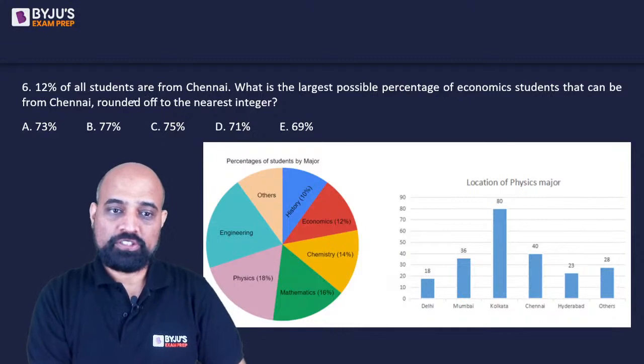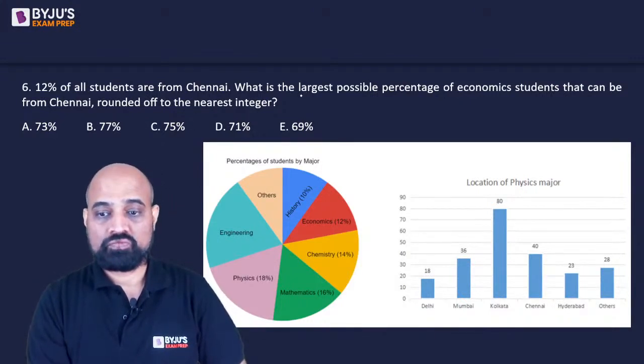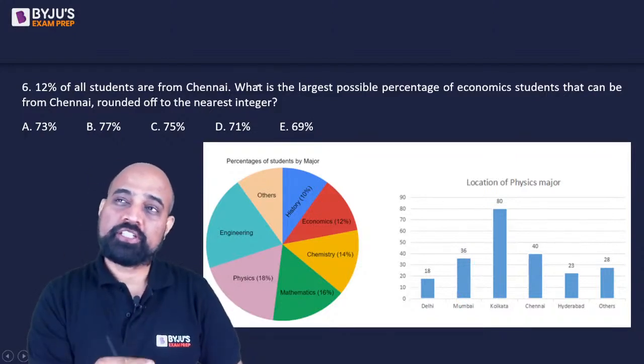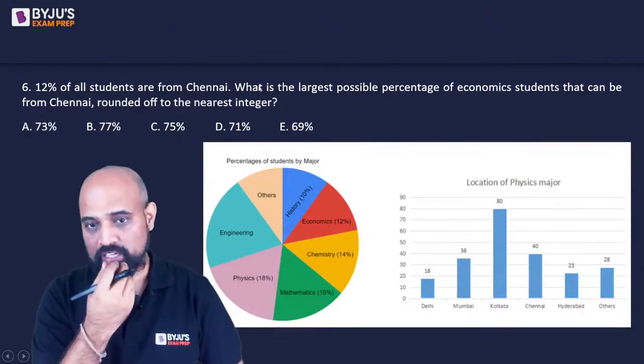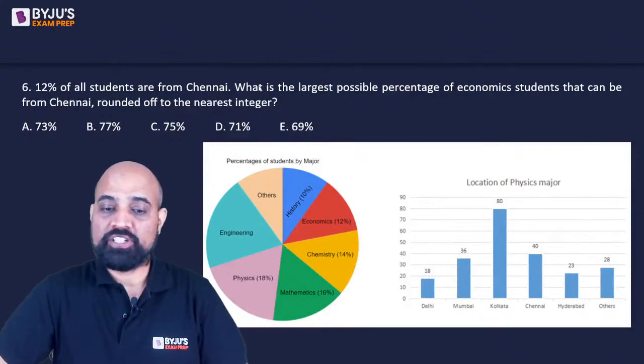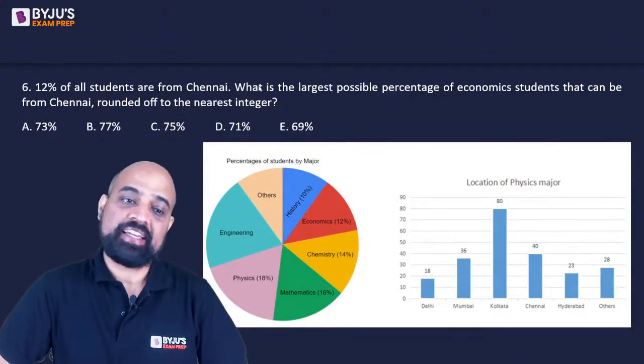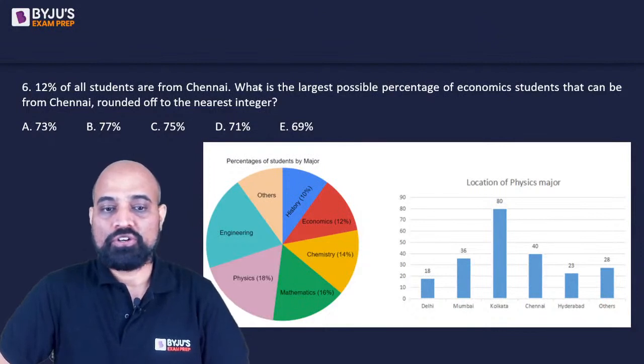If 12% of all students are from Chennai, जितने students हैं उसके 12% चेन्नई से. Okay. What is the largest possible percentage of economic students that can be from Chennai, rounded off to the nearest integer?